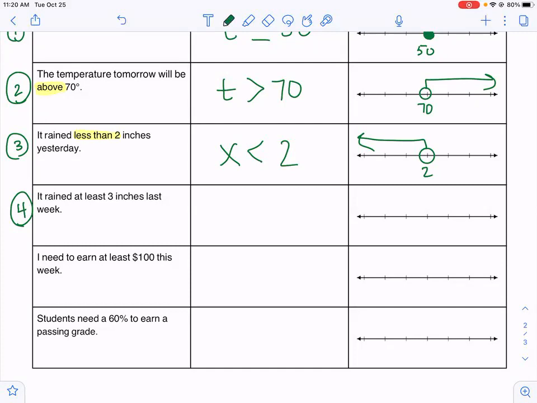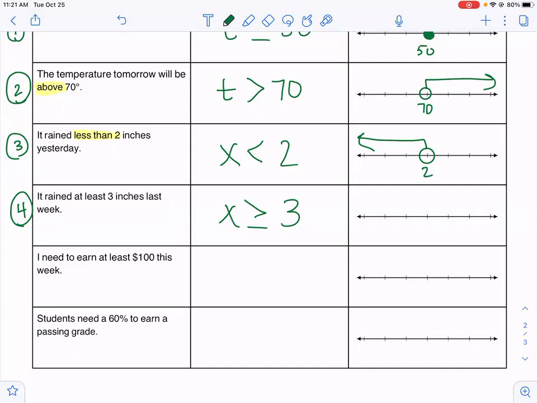Okay, Tyler, what about number 4? At least 3 inches. Okay, is the alligator eating the 3 or the X? You said greater than or equal to.